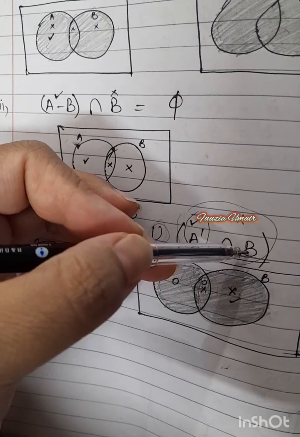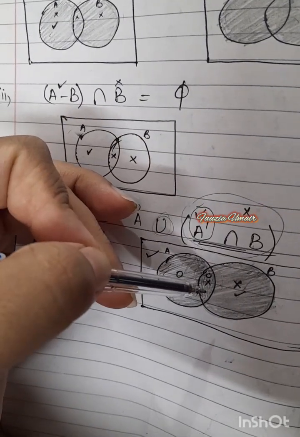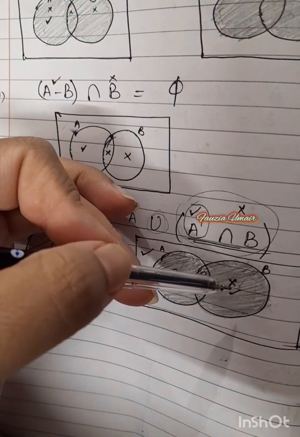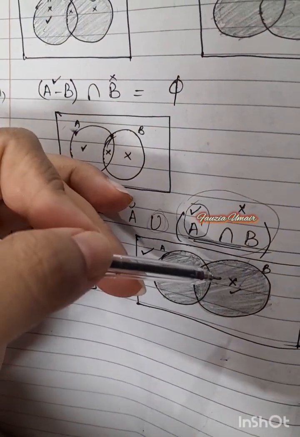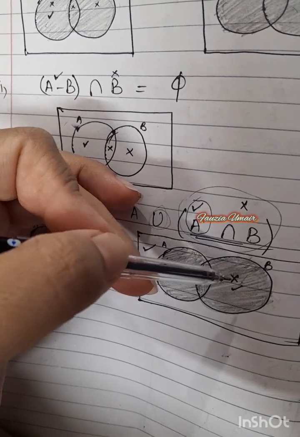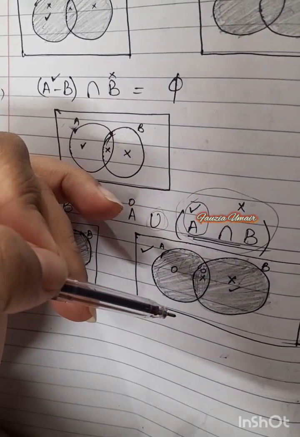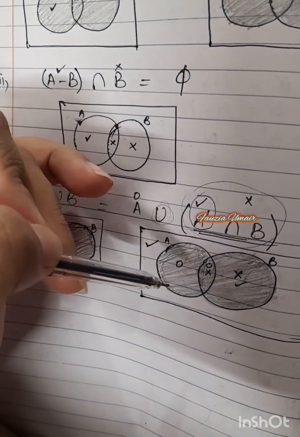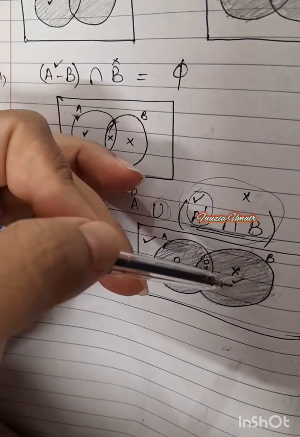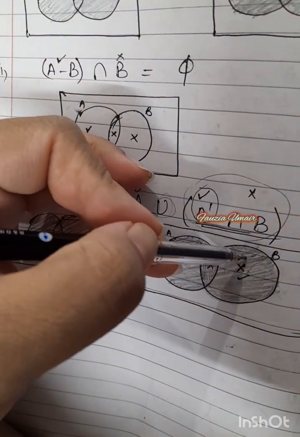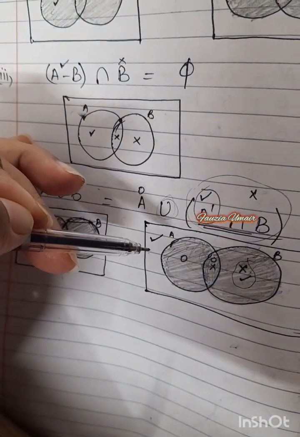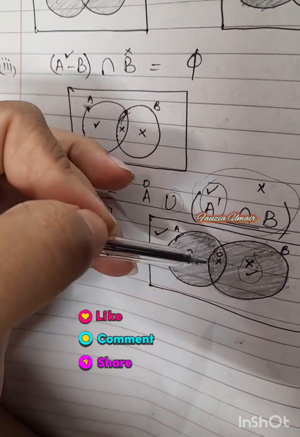Intersection B is there, so it means the outer side would be gone because intersection is there. So only the intersection of cross and tick will come. Cross and tick is only there in the elements of B. Now if you take the union with A, it means both sets A and B and their common elements will also be coming. So the left hand side is the same as the right hand side.